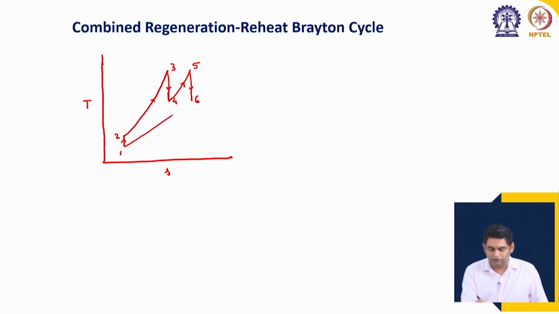In the reheat cycle we would close the cycle going from 6 to 1, but here we have two additional processes. Let us draw in another color the regeneration processes.